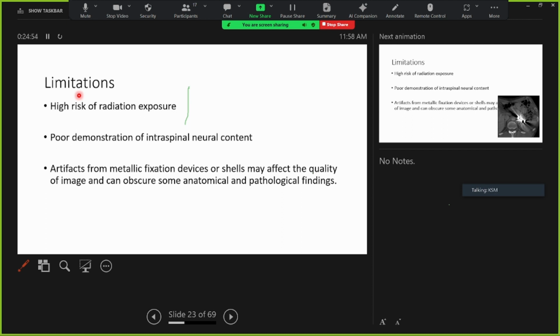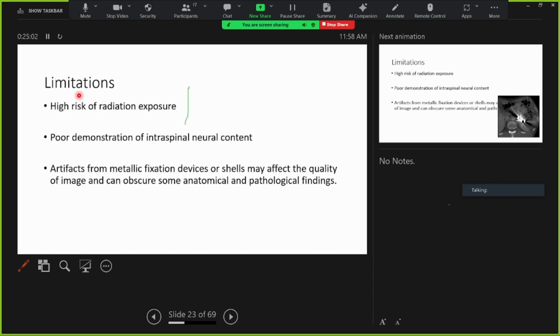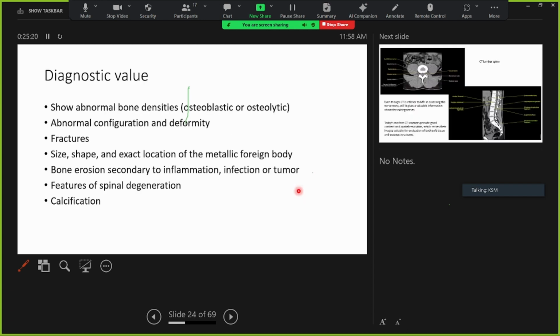Patients with metallic fixation can undergo CT, but there will be some artifacts. So even though we do CT, the image quality is not so good. You can see a very bright artifact here that causes obscuration of the surrounding tissues. Even though they can go, that is a limitation.